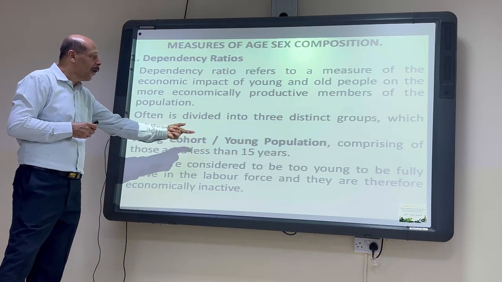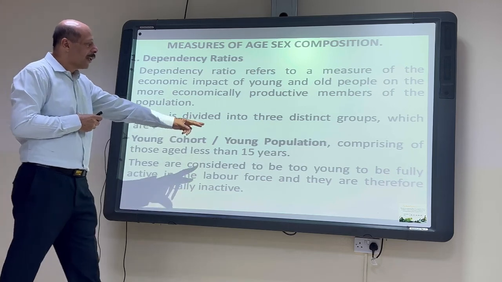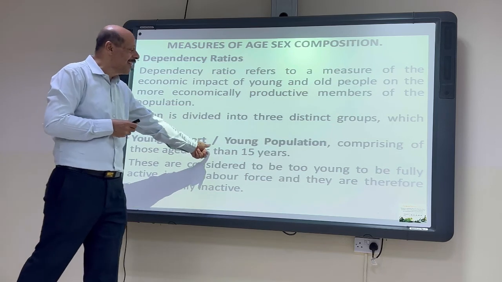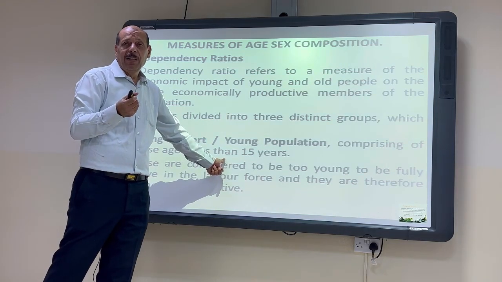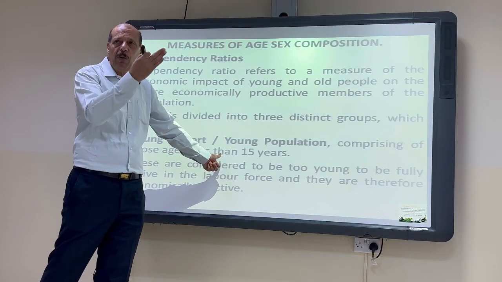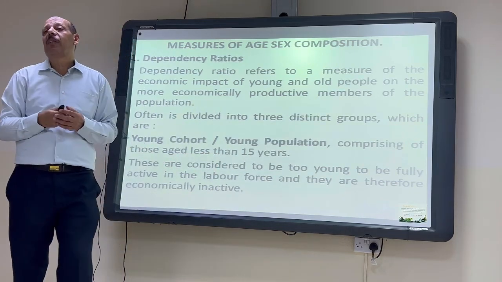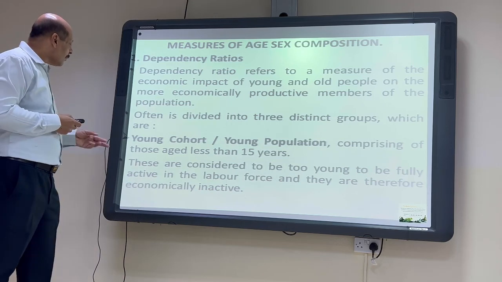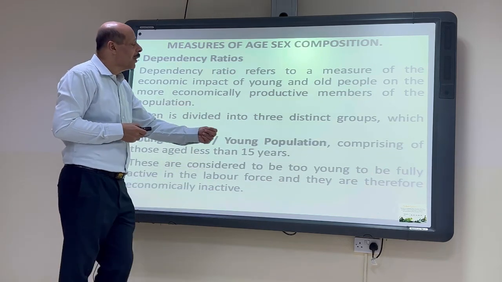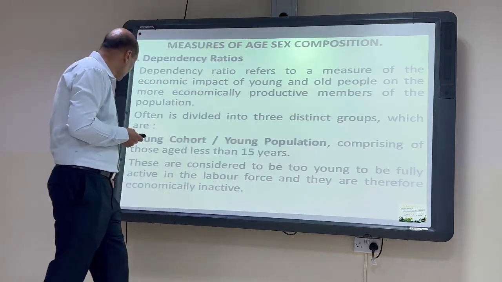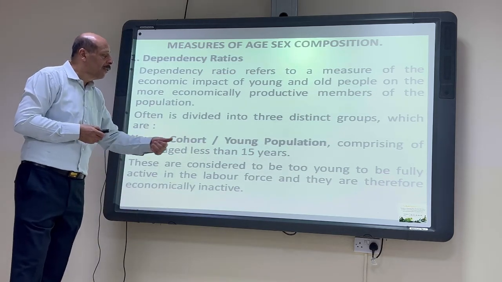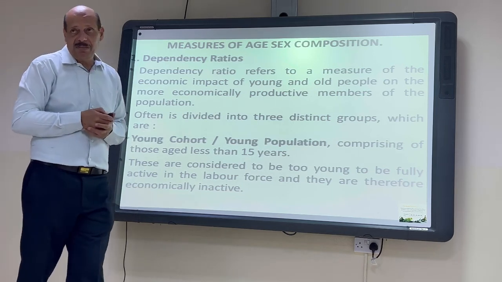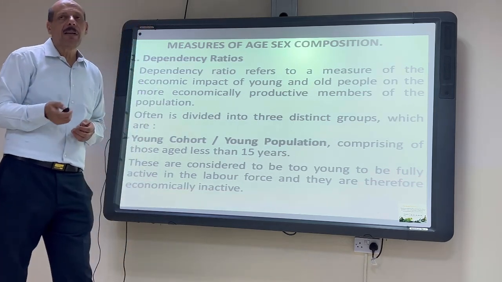The younger cohort, or younger population, is the combination of those aged less than 15 years old, as a ratio to the whole population. These are considered too young to be fully active in the labor force, and they are therefore economically inactive, depending on others for their expenses.